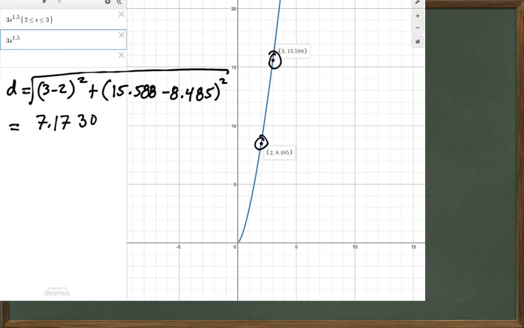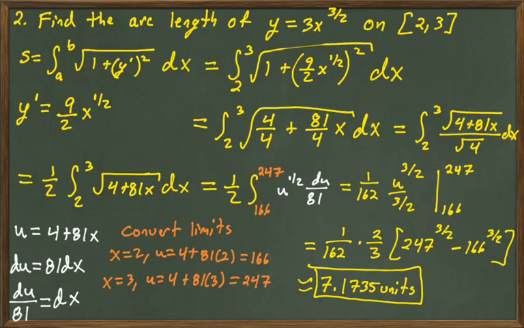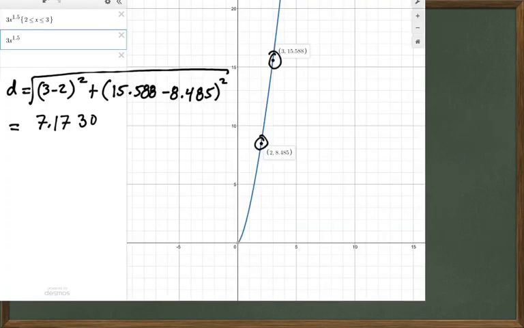I went ahead and used the distance formula, and we got something that's pretty close to the actual arc length. I think they're off in the thousandths position, and because this graph between those 2 points is fairly close to linear, the distance formula is pretty good.